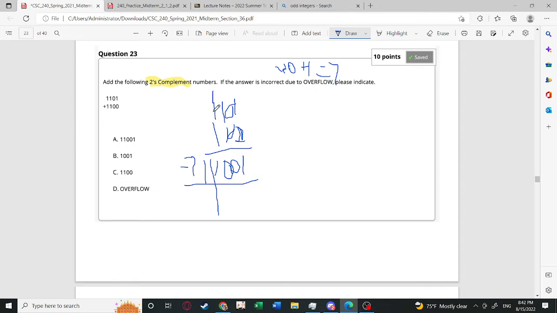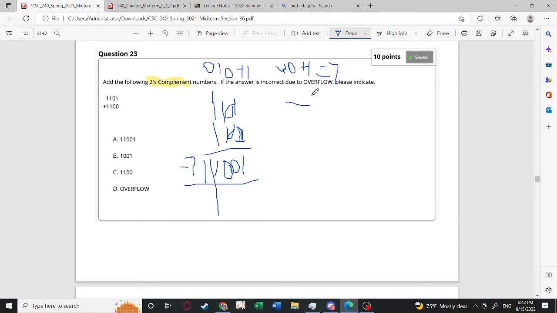So if you do this, 1, 1, 0, 1, that's negative. This one is 1, 0, 1, so it's 0, 0, 1, 0 plus 1.